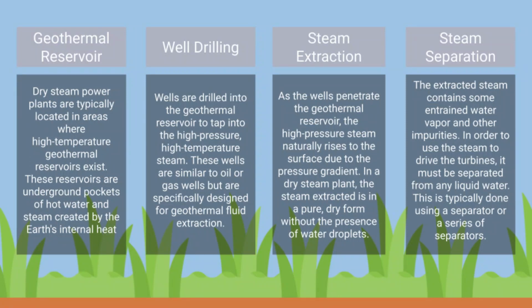Next is steam separation. Here the extracted steam usually contains some water vapor and other impurities. We must separate the steam and the water because the turbine is spun only by the steam.